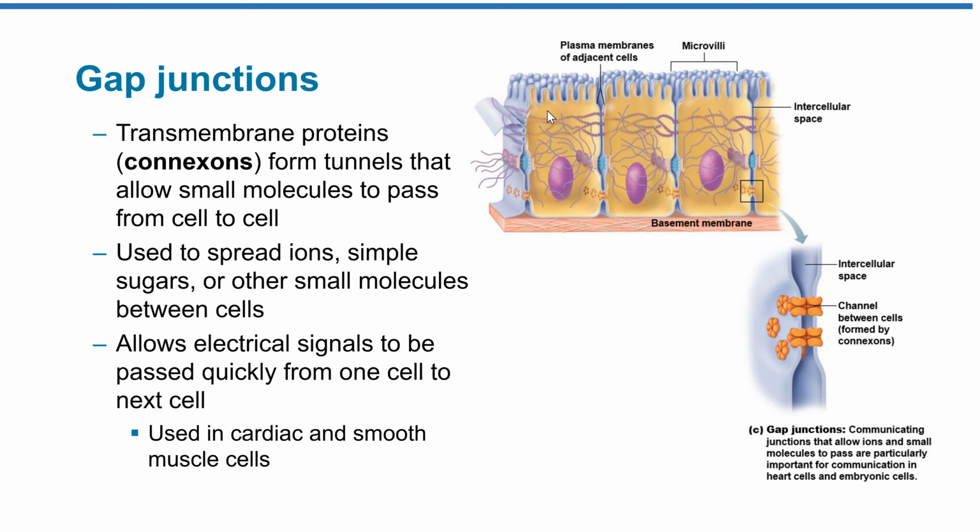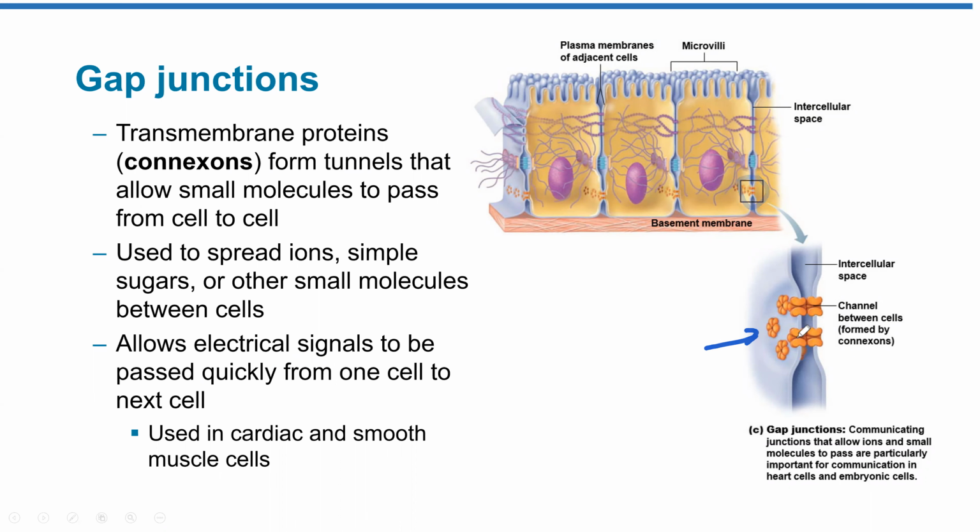And not only, but you can find them in cardiac and smooth muscle cells to pass electrical signals, right? But you also will find them in many other cells of your body, like epithelial cells, for example. Those are, by the way, epithelial cells that show you all 3 types of junction: tight junctions, desmosomes, and gap junctions.